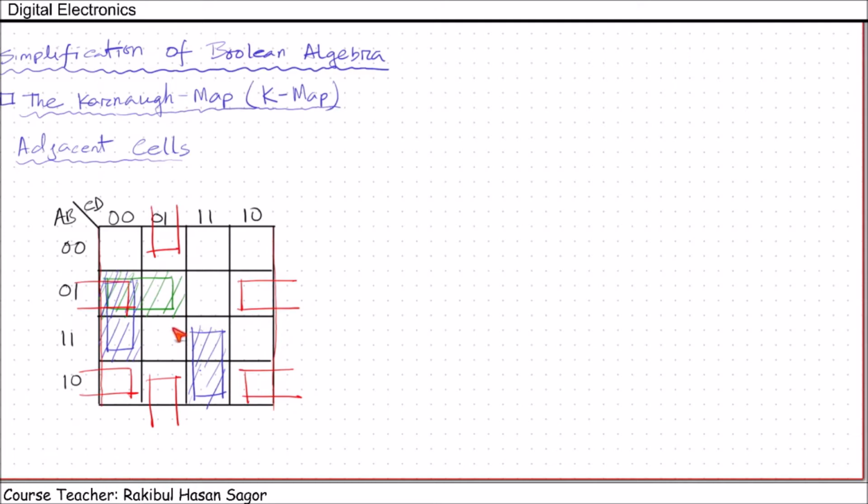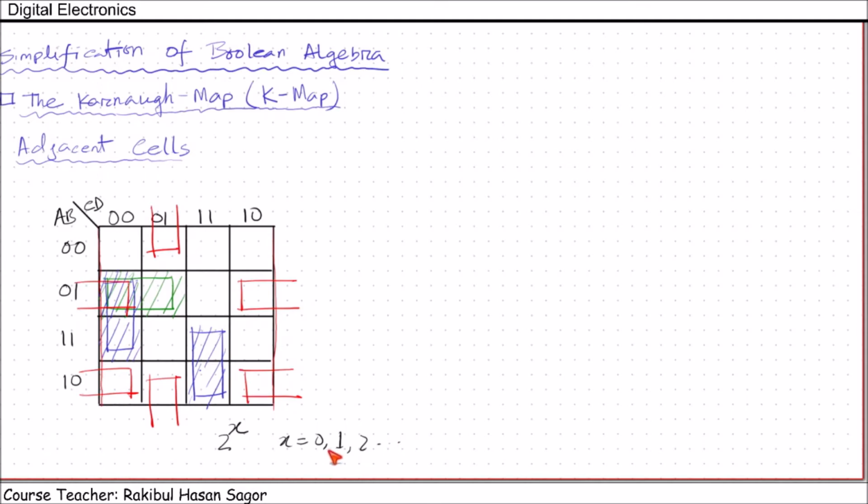Now, while considering the adjacent cells, how many smaller rectangles should be taken in one group? We can take two adjacent cells side by side, or 4 or 8. We cannot take 3 or 6 adjacent cells. So while considering adjacent cells, we must take the number of adjacent cells having 2 to the power x values, where x equal to 0, 1, 2, in this way, any integer number.